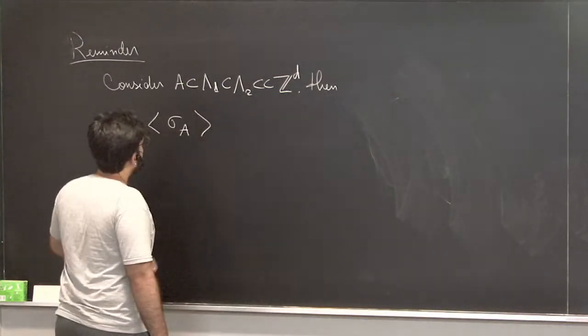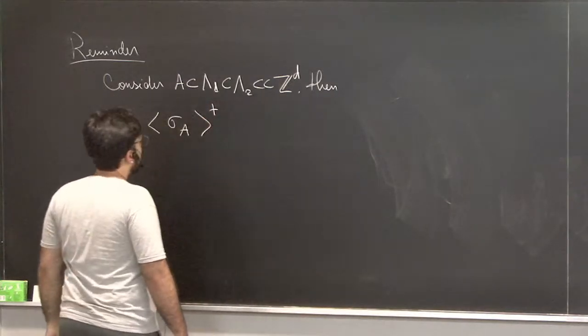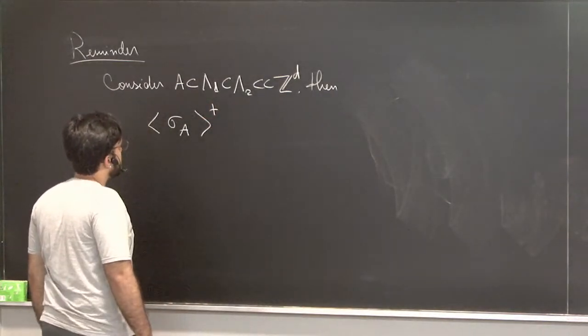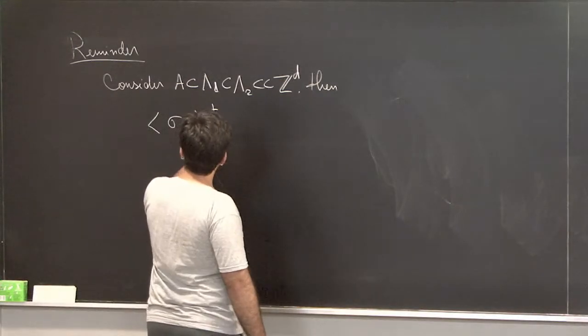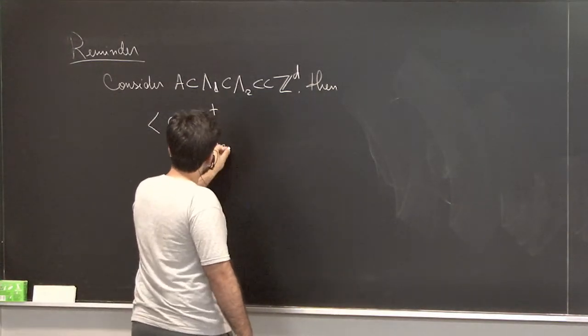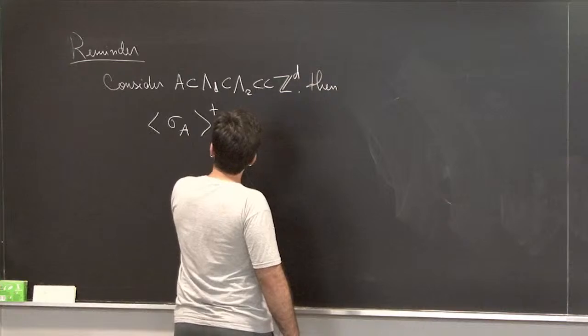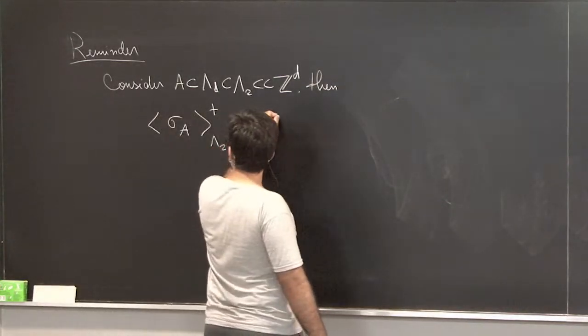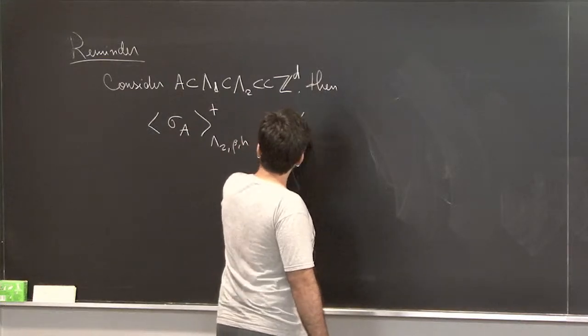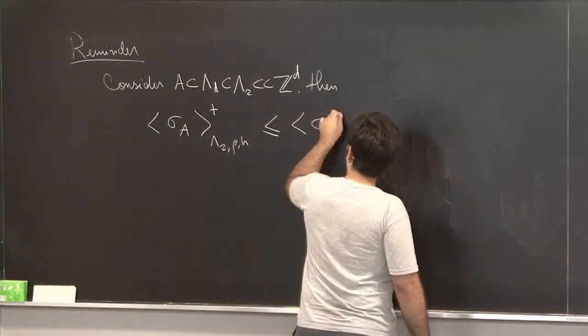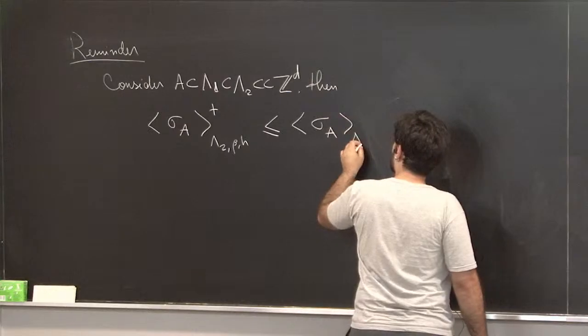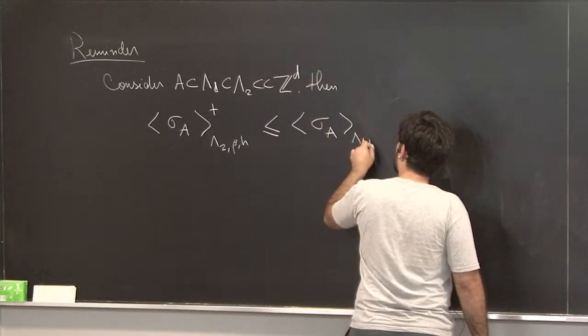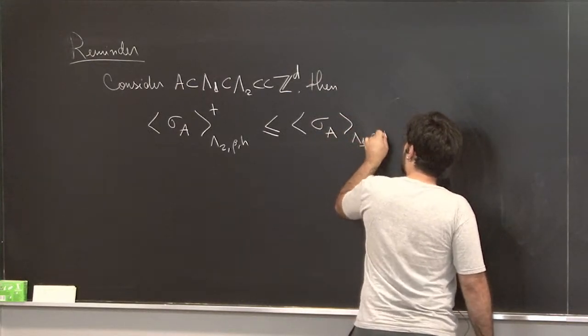the expectation value of the plus boundary condition local Gibbs measure on lambda 2, beta, h. This is less than the expectation value of sigma A on lambda 1, beta, h, plus.